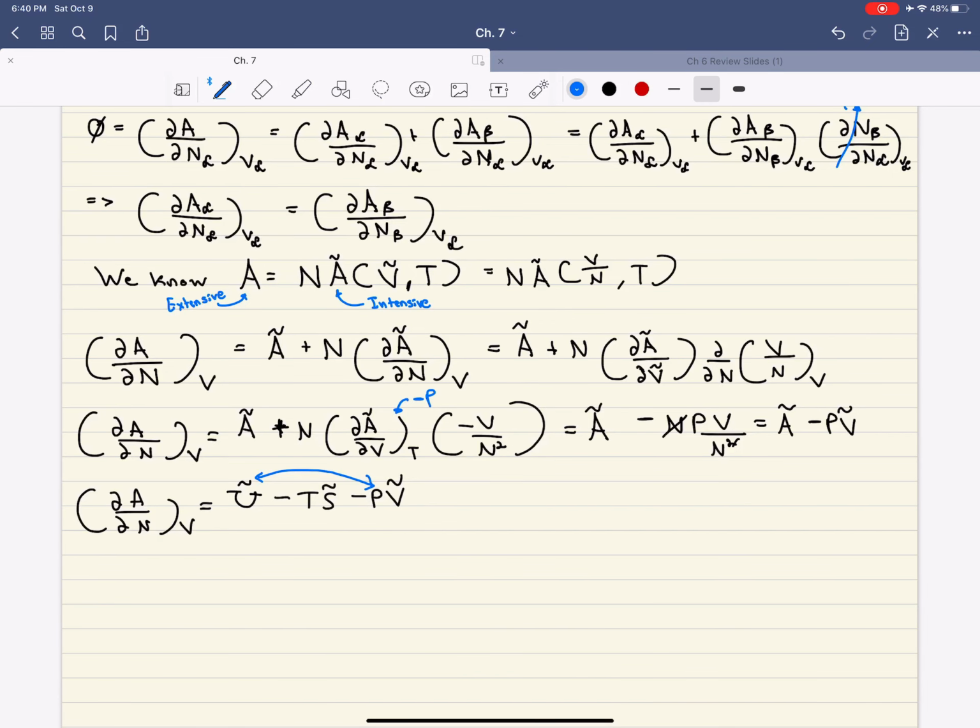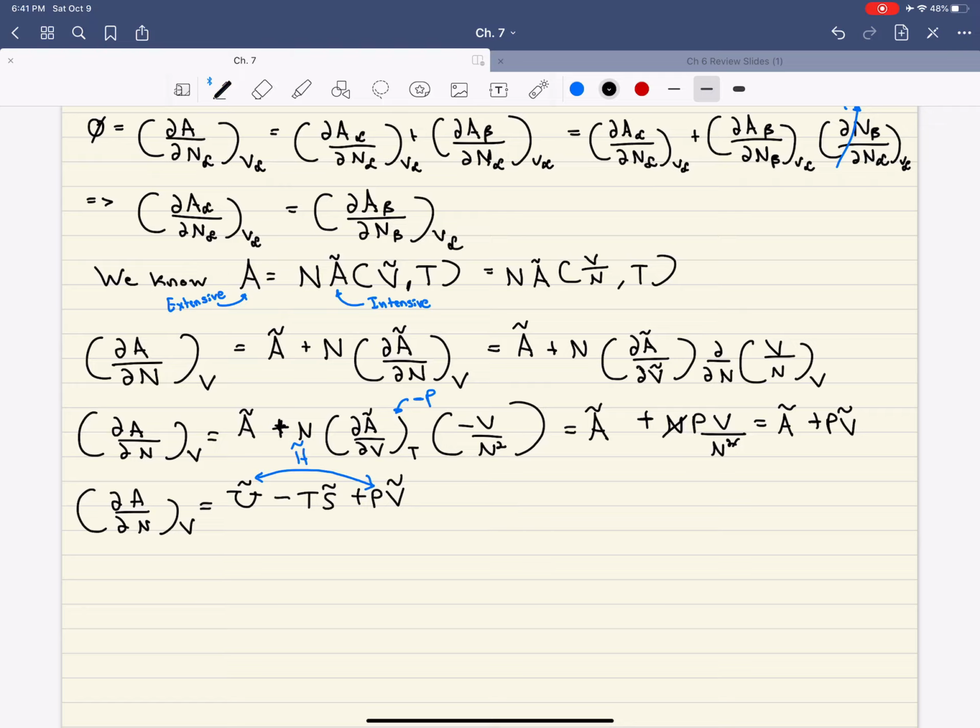Okay, so just to keep everyone on the same page, the negative sign from this cancels out with the negative sign from that. Ah, that makes more sense. Okay, in any case, so what we now know is we have U plus PV, and U plus PV is enthalpy.